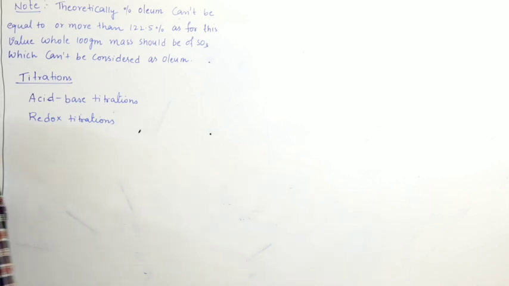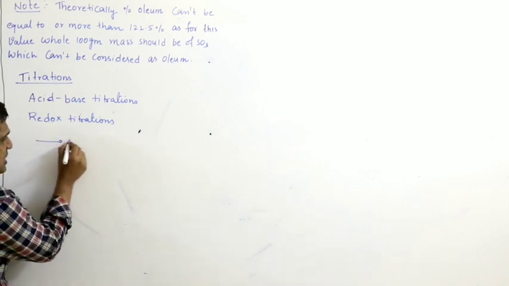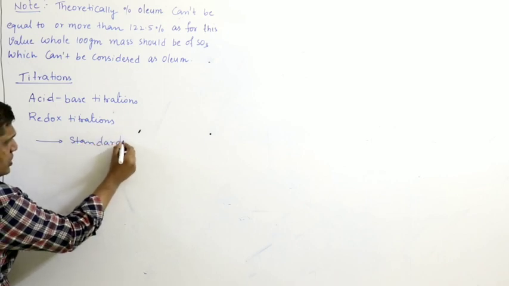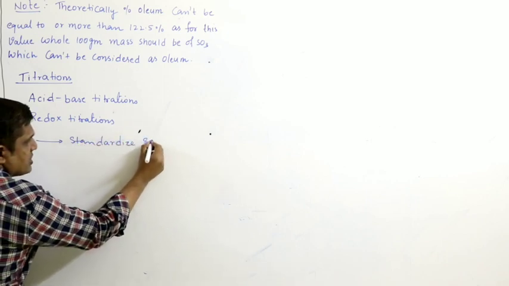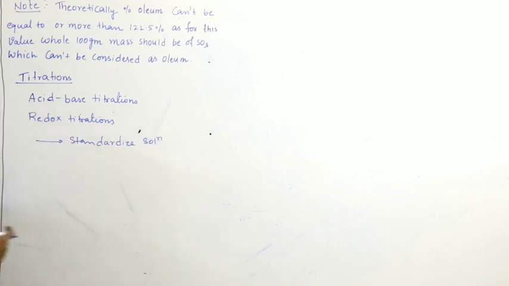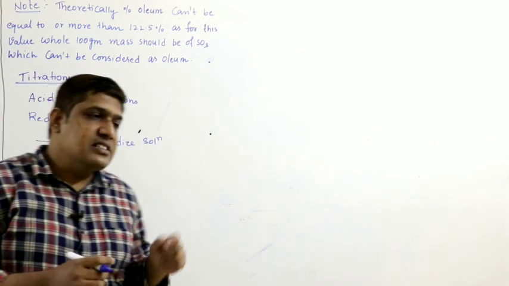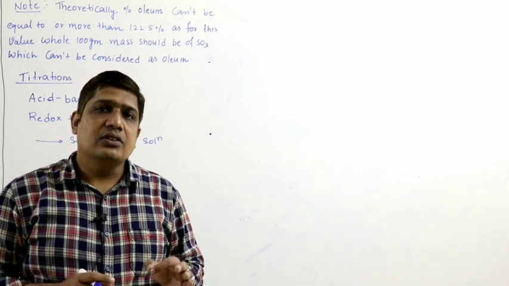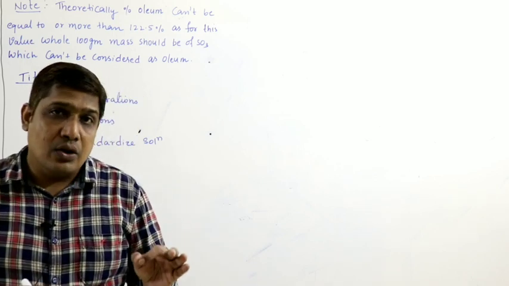So, acid base titrations. What happens in titrations? We try to standardize a solution. What is the meaning of standardizing a solution? Finding its concentration, finding the concentration of an unknown solution.